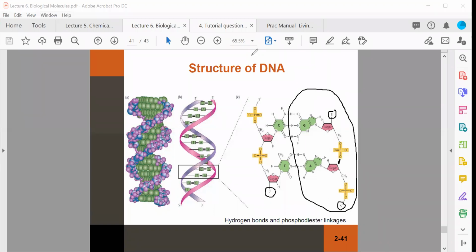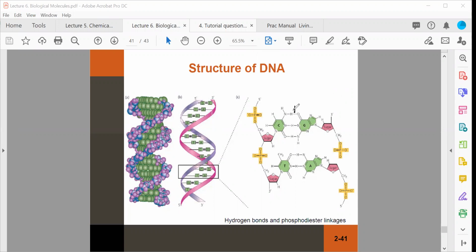But now let's look at what binds those 2 strands of nucleotides together. Here, in between the nitrogenous base of the guanine and the nitrogenous base of the cytosine, we have a bond that's formed right there.